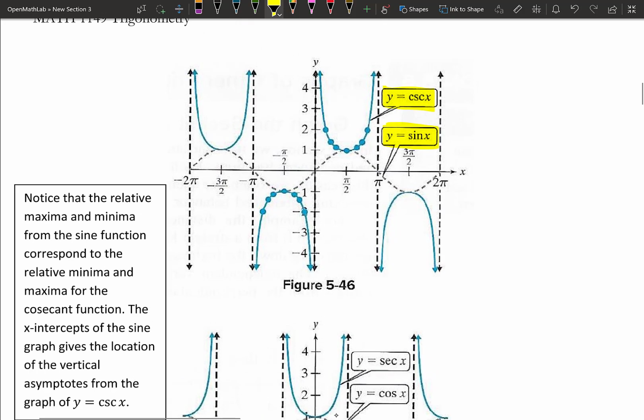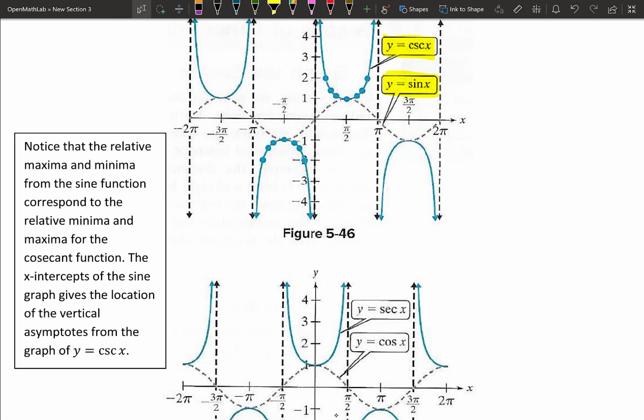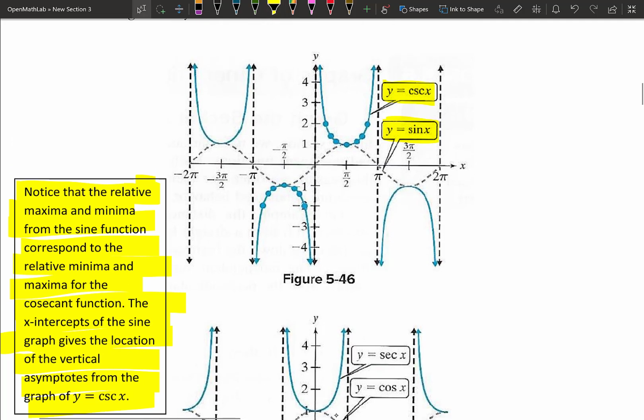If you graph these points, you'll start to see the shape. The box here says to notice that the relative maxima and minima from the sine function correspond to the relative minima and maxima for the cosecant function.